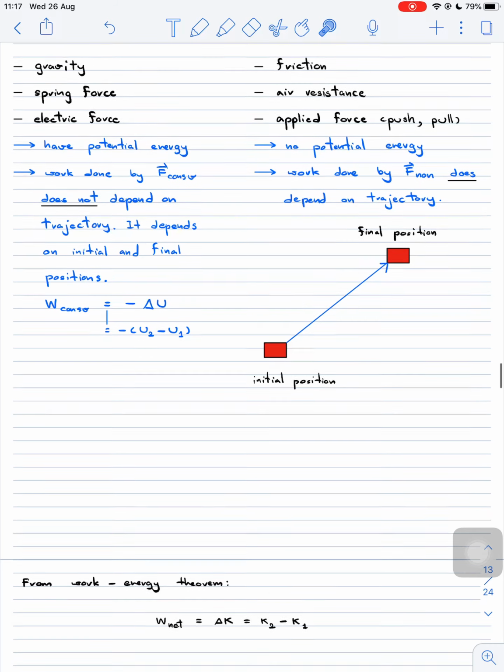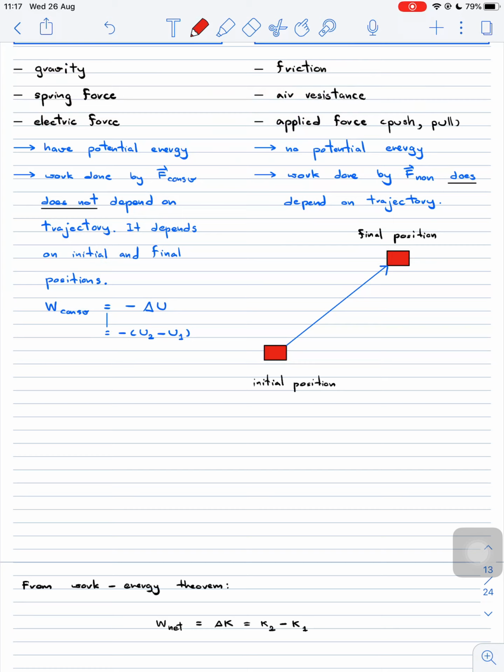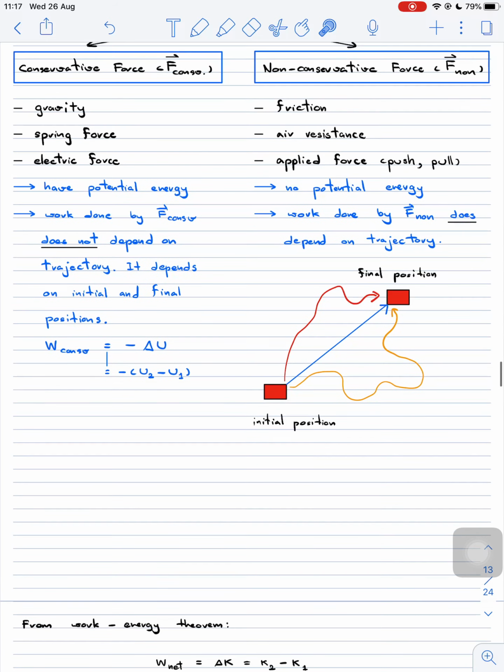Then if we change the trajectory of the object, for example to this path or to this path, and so on, the work done by the friction on the object will be different, because the work done by the non-conservative force just depends on the trajectory or the path that the object moves. That's one thing that you should know.